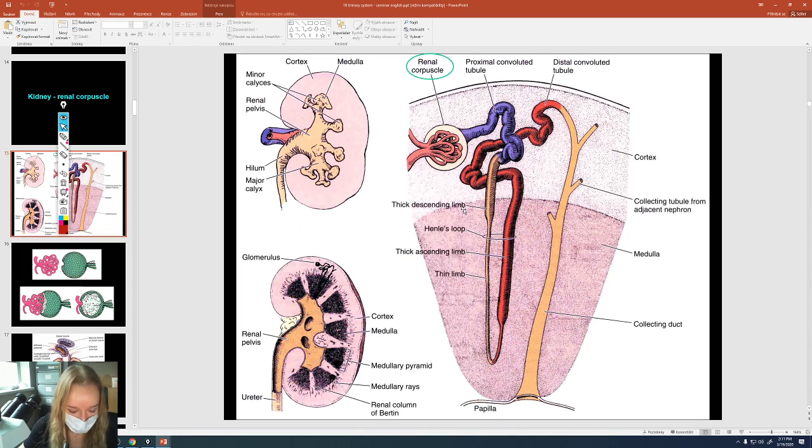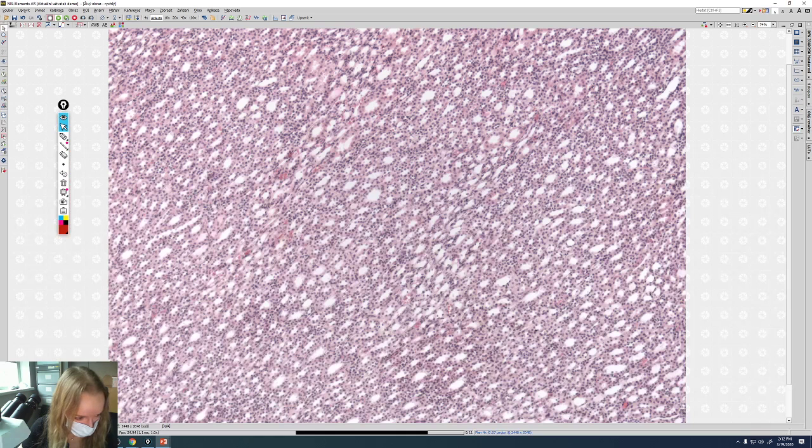So the thick limb is going to look much like the proximal tubule or the distal tubule. And the thin limb is going to look like a vessel, but of course it doesn't contain erythrocytes. So it's a vessel without erythrocytes, I guess I can say it like that.